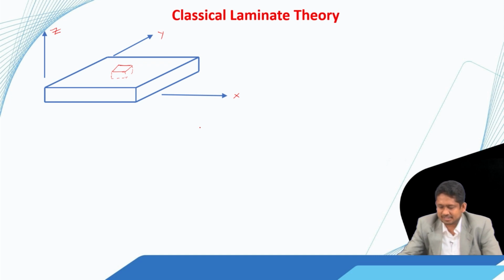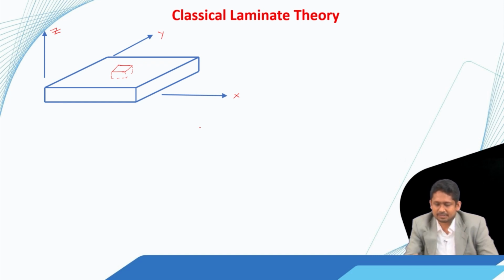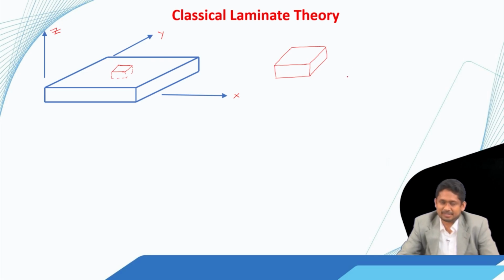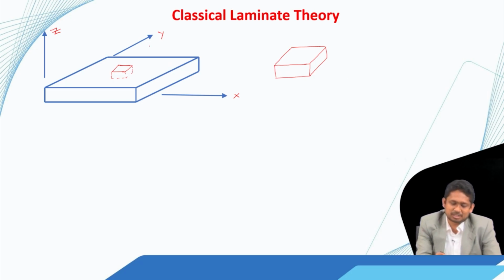Now, if we see that in an enlarged view, we have a small piece taken out from the laminate. If this laminate experiences bending, and it can experience in-plane deformation also, the bending would be in two directions: bending with respect to y and bending with respect to x.